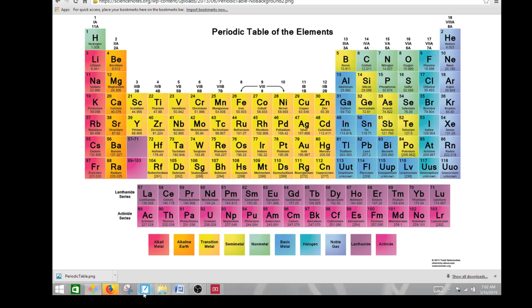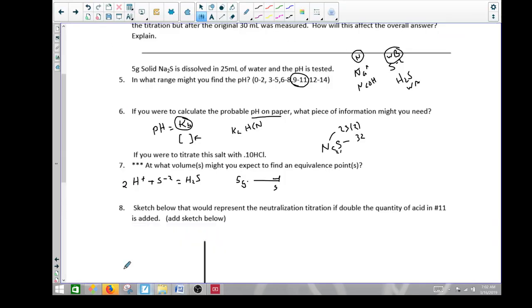Alright, add all that up and we get the total mass of 1 mole: 78 grams per mole. How many moles do I have?